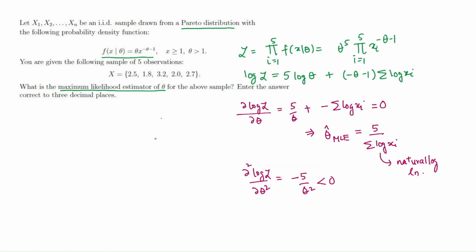So now you have to compute 5 by the summation of log xi for all these data points, and it turns out to be approximately 1.148.